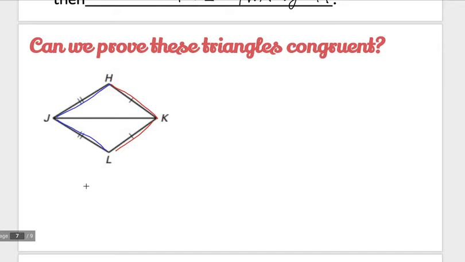Then how can I prove this? So do not forget, the very last one is the one in the middle, which is shared by the two triangles. If they shared, of course, they both have JK. Of course, this one is going to be congruent because it is itself, right? So that's why the answer is yes, they are congruent.